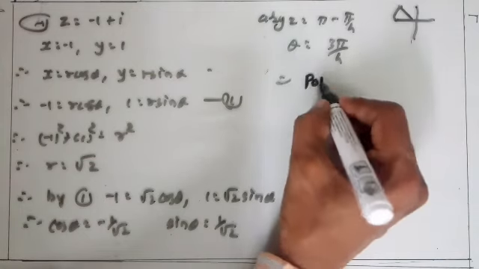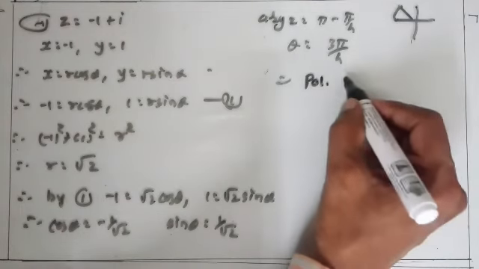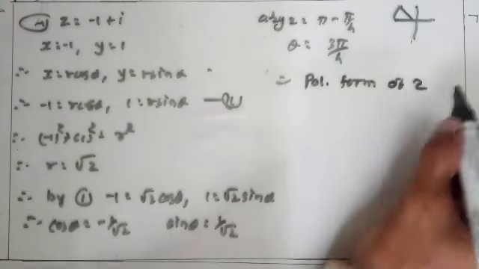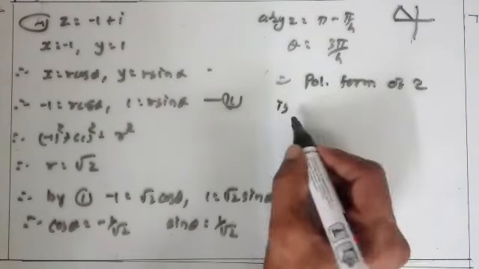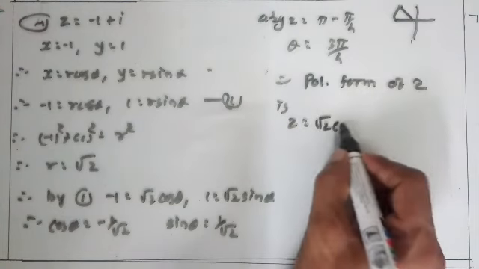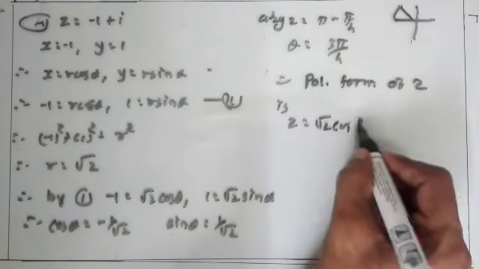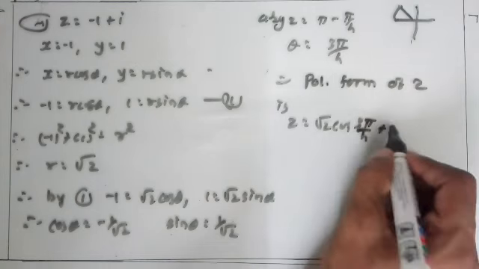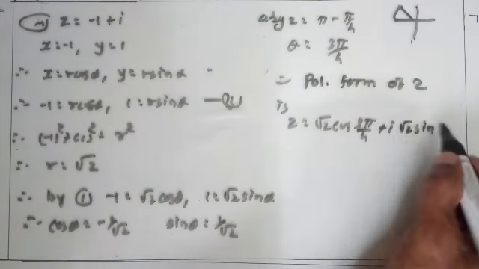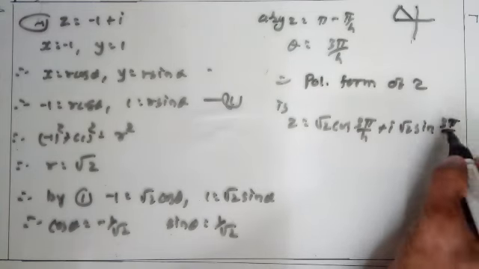So the polar form of z is equal to root 2 cos theta, theta is equal to 3 pi by 4, plus i, r is equal to root 2 sin theta, theta is equal to 3 pi by 4. Clear this?